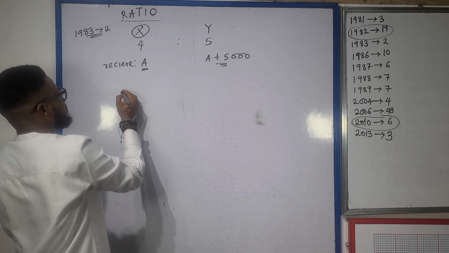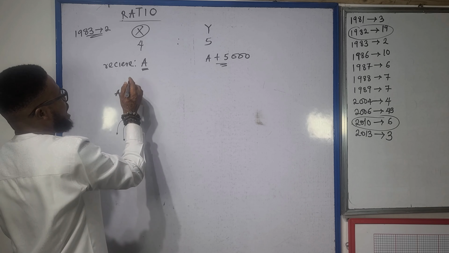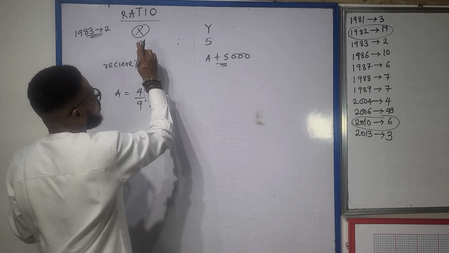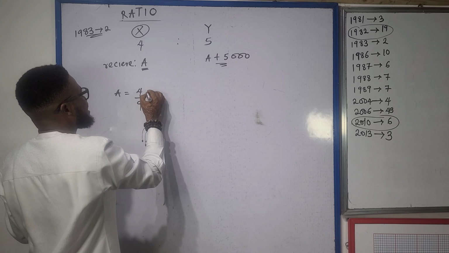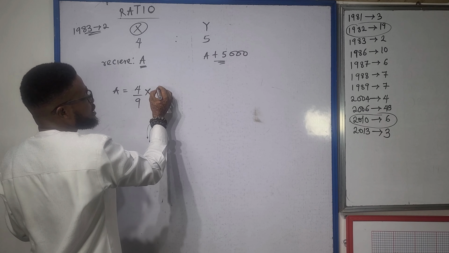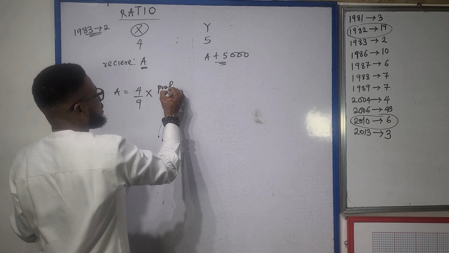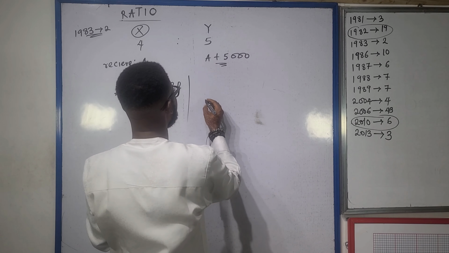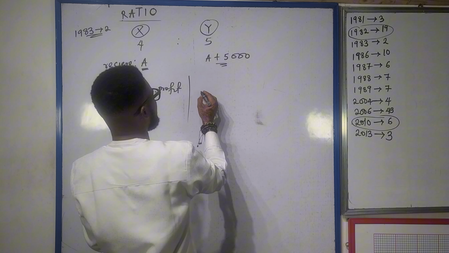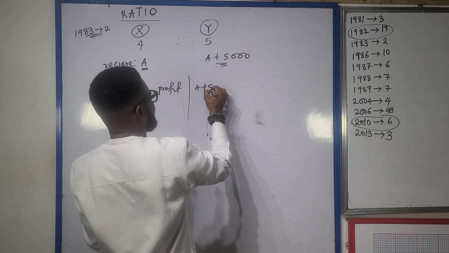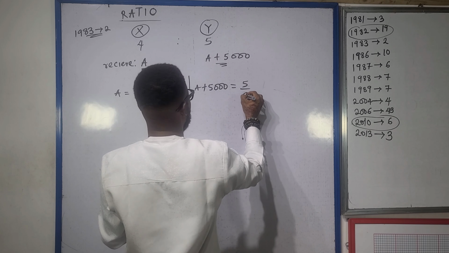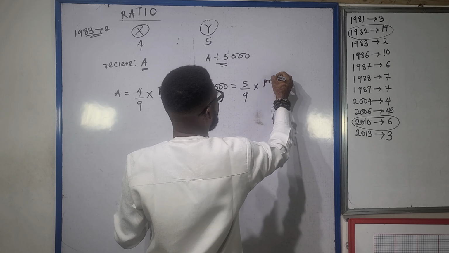For X, that will mean you receive A, and for you to receive A, that will mean 4 out of a total ratio of 4 plus 5, 9, times the total profit of the company. And for Y, that is going to mean you receive A plus 5,000 equals 5 over 9 times the profit.